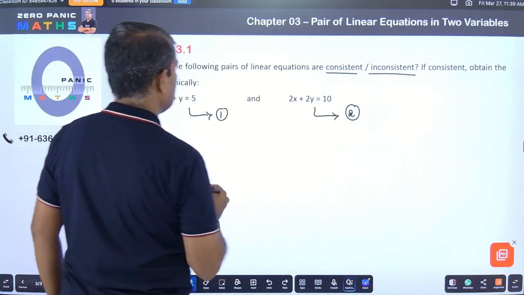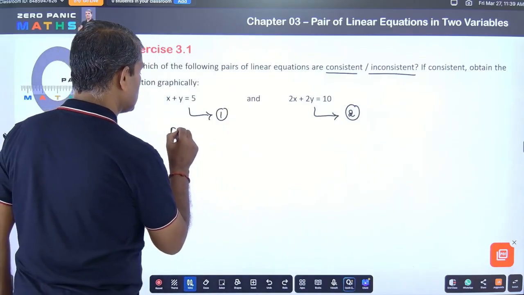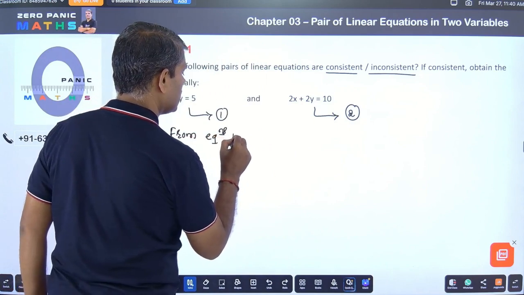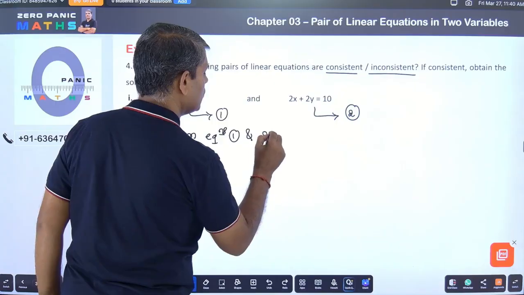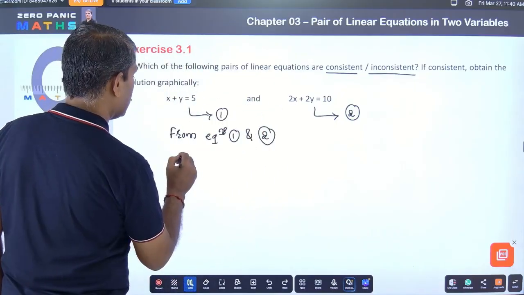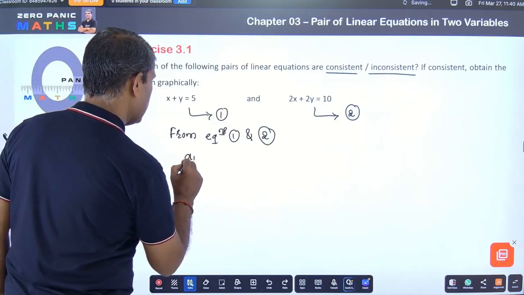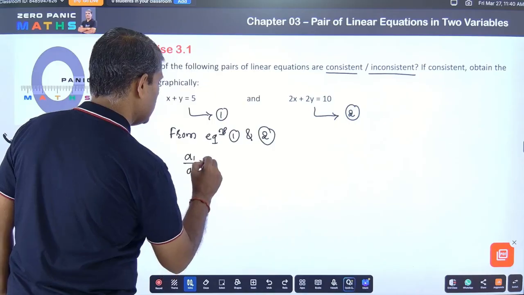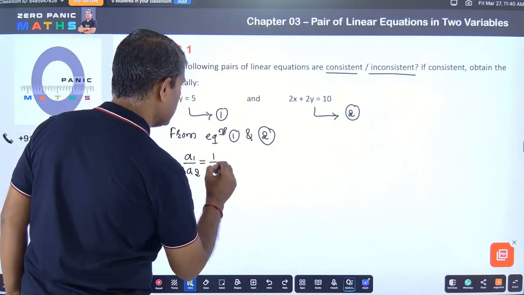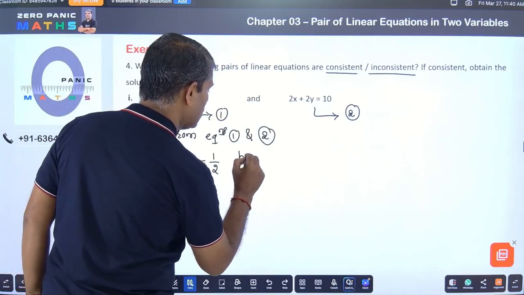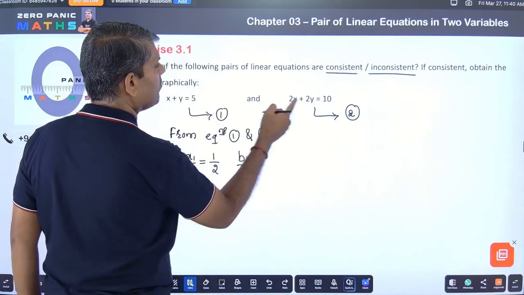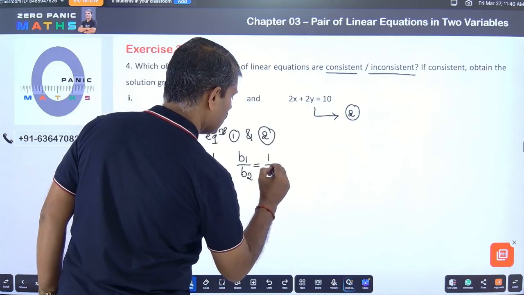So from equations 1 and 2, what we get is a1 by a2 is equal to 1 by 2. b1 by b2 is equal to 1 by 2 again, correct?